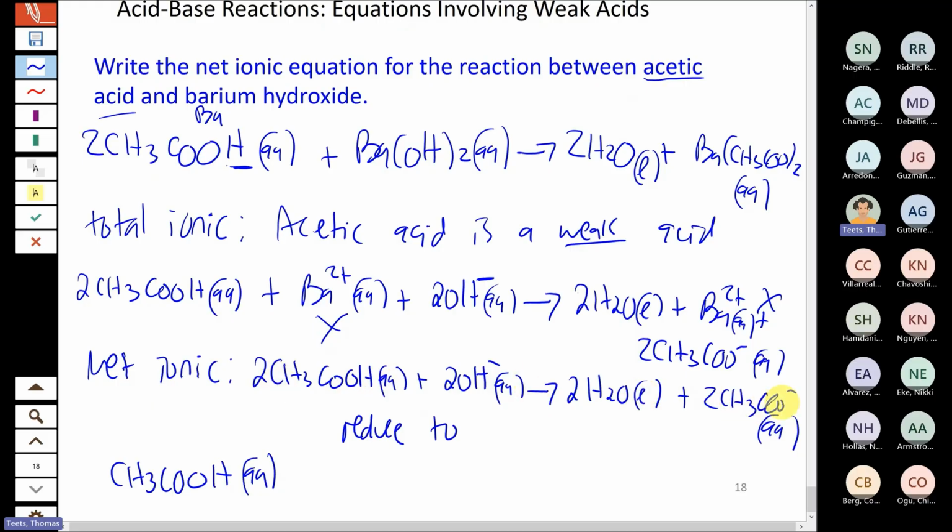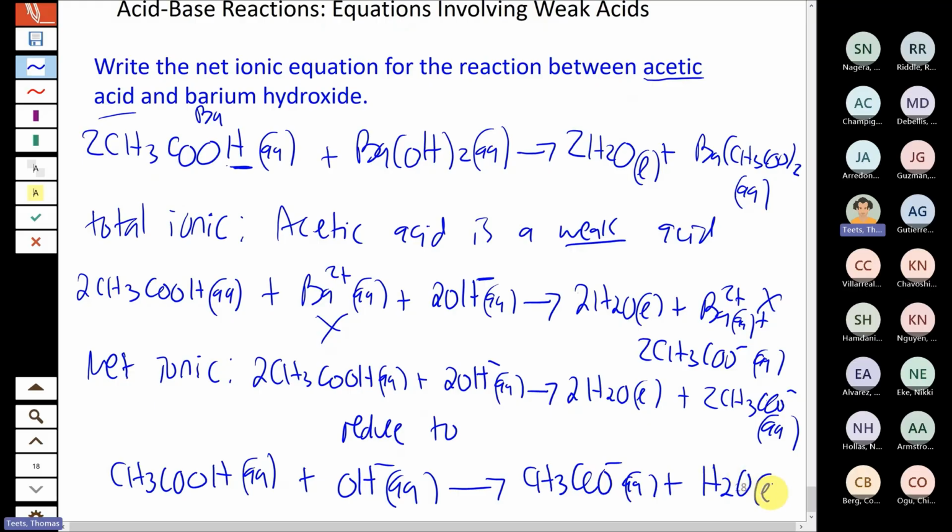In this case, all the coefficients are 2. The simplest and correct way to write it would just be with coefficients of 1. So you want your net ionic equation to have the smallest possible coefficients, even if the species originally carried coefficients in the previous steps. It doesn't really matter what order you write things in, but the coefficients in this case, all being 1, would be the simplest way to write that.